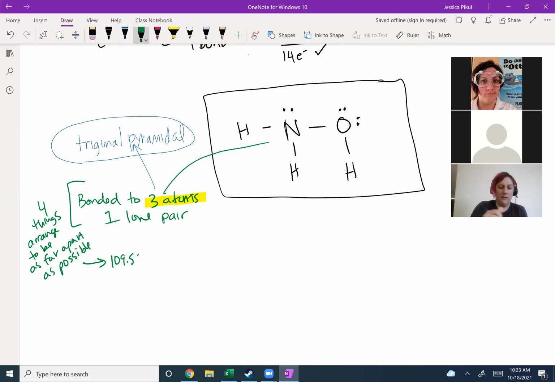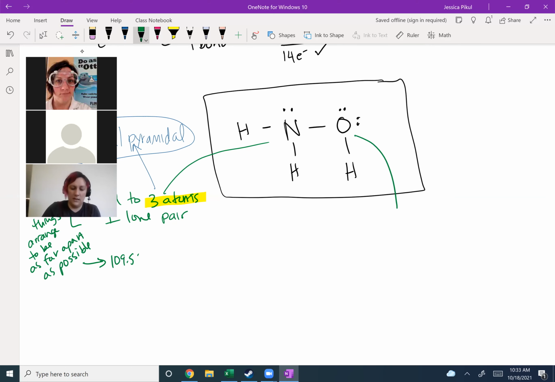All right, let's look at oxygen and then we can draw this in 3D. So oxygen, in this case, or in many cases, is going to have 2 atoms bonded and it's going to have 2 lone pairs.